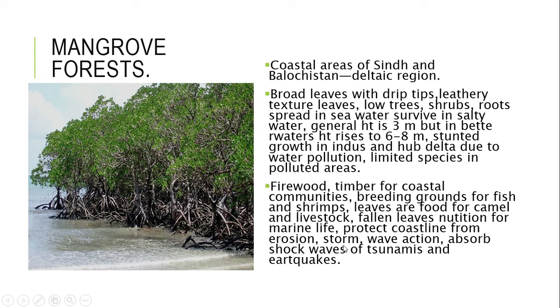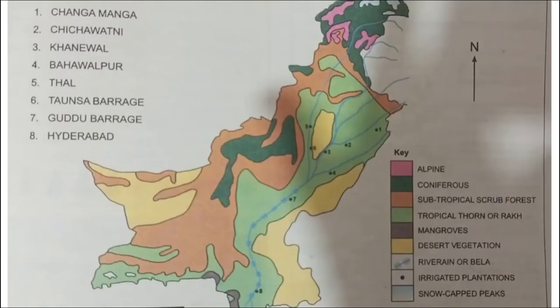They also absorb the shock waves of tsunamis and earthquakes. They are also a barrier against storms, and decrease the intensity of wave action by holding the land intact. There are multiple benefits of mangrove forests, and this is the reason why they need to be conserved.